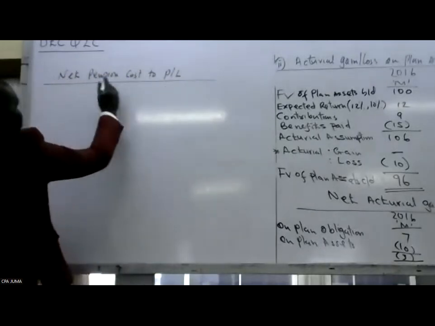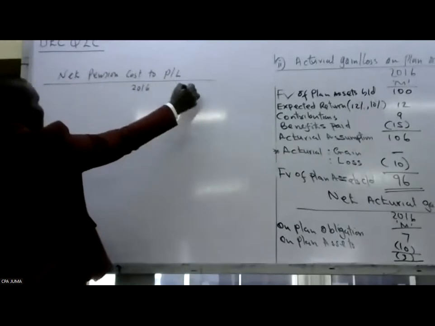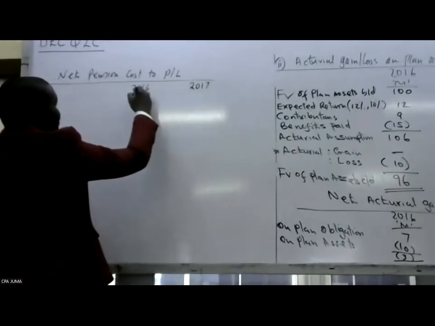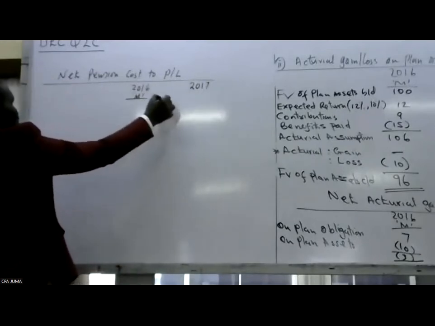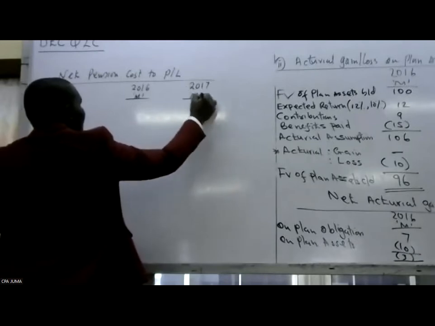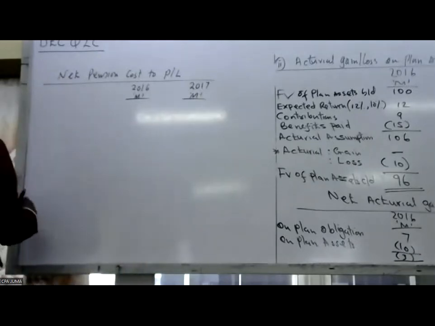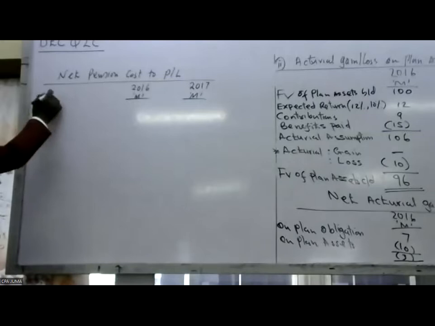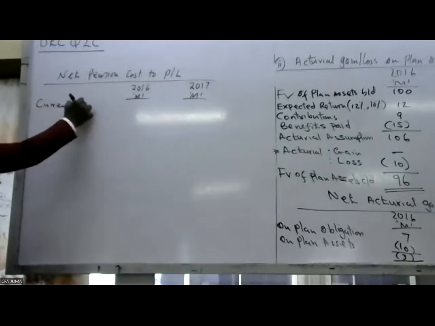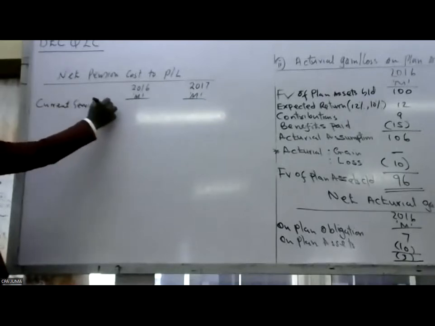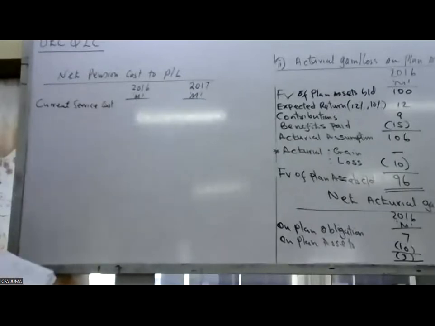You start, so we have 2016, 2017. You bring here what? Current service cost. You just pick those things which you see to be expenses in nature. So current service cost is one expense.